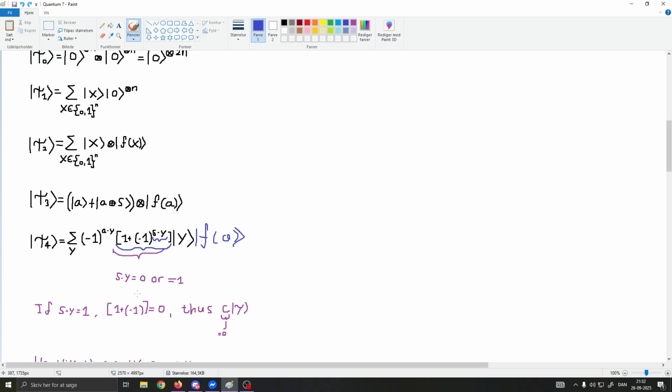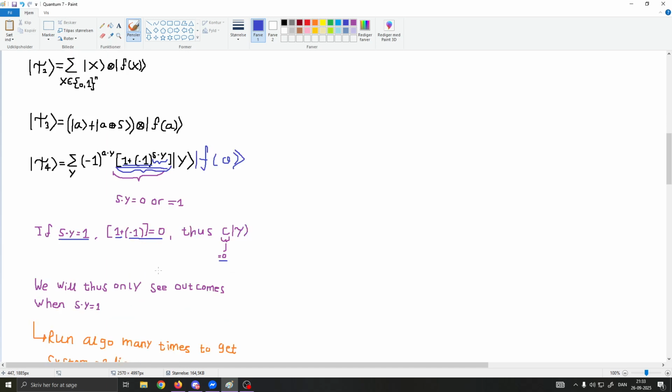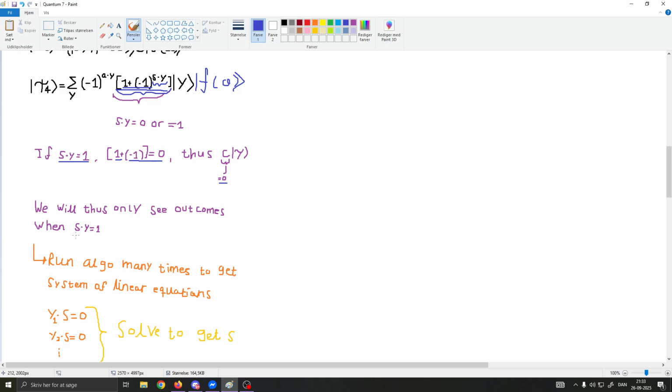If the result is 1, then this entire expression will be 1 minus 1, which is 0, meaning that this amplitude right here, if s dotted with y is 1, would always be 0, and thus we would never measure this state. The only other option is that the mask dotted with the code is equal to 0.